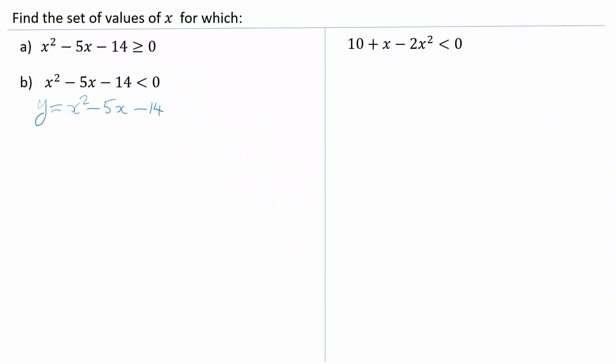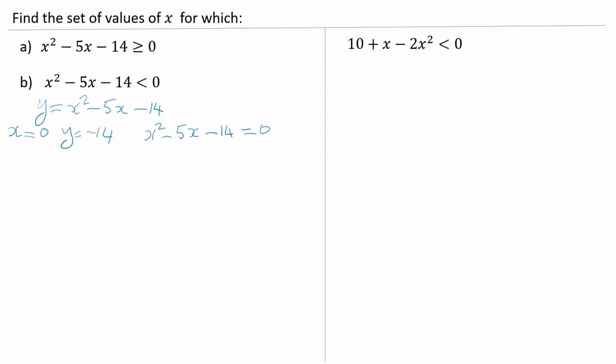So when x equals 0, y equals minus 14. Then y equals 0, find the x value. So y equals 0, so x squared minus 5x minus 14 equals 0.